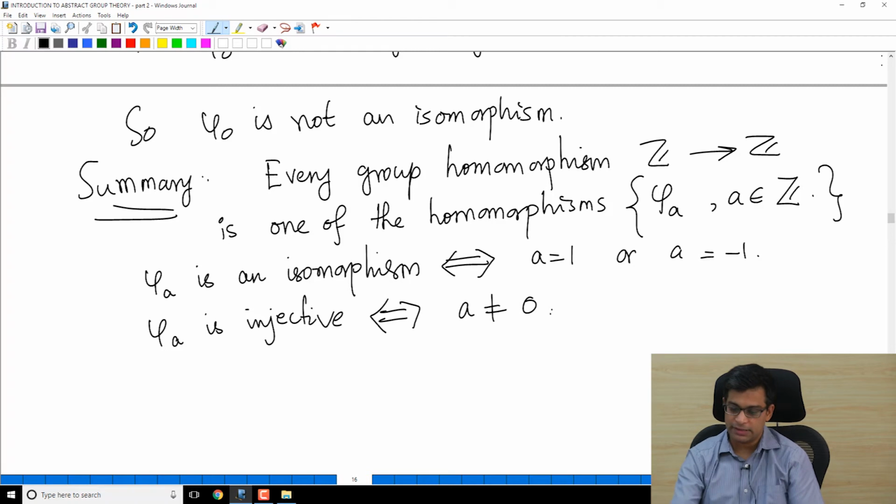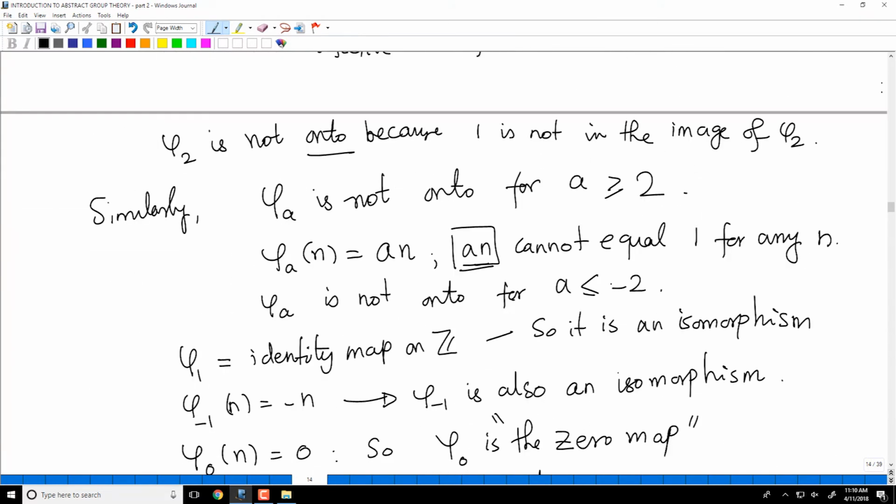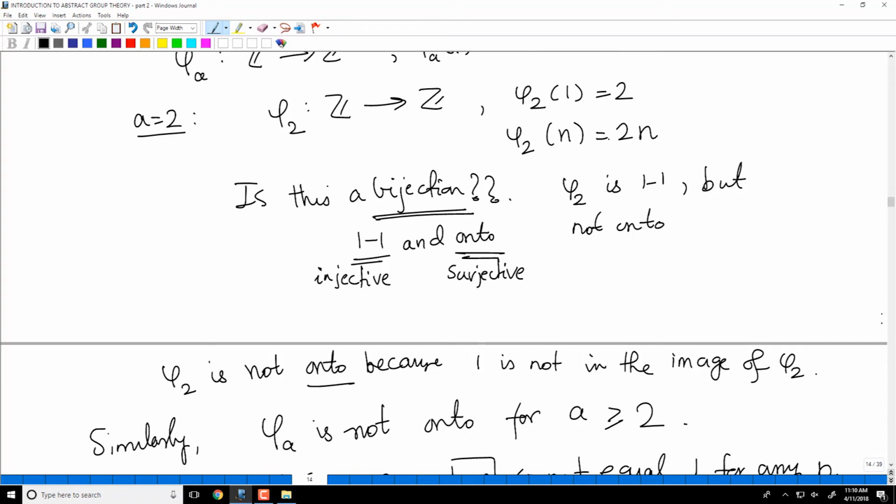The reason that phi 2 was not an isomorphism was that it's not onto. It is 1-1, because what does phi 2 do? Phi 2 sends n to 2n. We have already discussed in an earlier video that a group homomorphism is injective if and only if the kernel is 0, the trivial subgroup. If 2n is 0, then n must be 0.